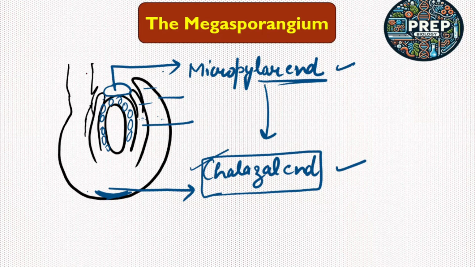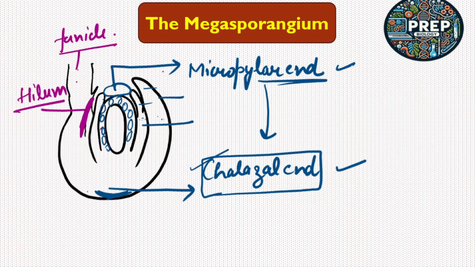So, let's revise the different parts. This is the funicle, which joins the ovule with the placenta. Now, this is the hilum, which is the junction between the ovule and funicle. This is the outer integument. This is the inner integument, and the mass of cells that surrounds the embryo sac is called the nucellus.